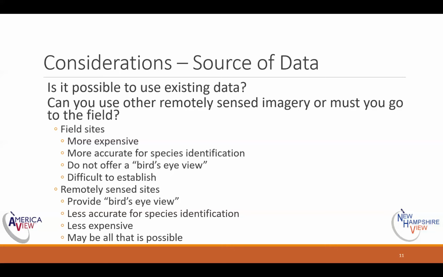If you're mapping the agricultural crops around the world, you're not going to have the time or the money or the resources to go out to the field everywhere in the world to do this. So there are lots of things to think about when you're deciding what your source of reference data is.